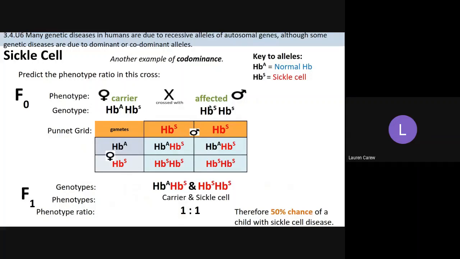Then the affected individuals are the individuals with sickle cell anemia, so they have to have two sickle alleles. When we do our cross, we would end up with a 50% chance that our offspring will be carriers and not have sickle cell anemia, but a 50% chance that the offspring will have sickle cell anemia.